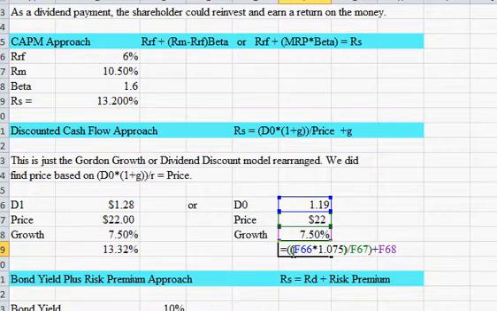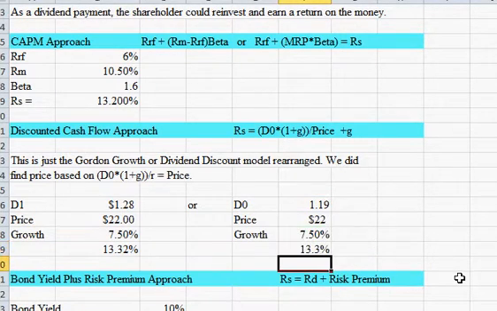So that's what that looks like. We have in parentheses $1.19 times 1.075, 1 plus the growth rate. Divide that by the price of 22. And then you take all of that inside of parentheses and add the 7.5%. And in this case we're dealing with basically the same number, so 13.31%.